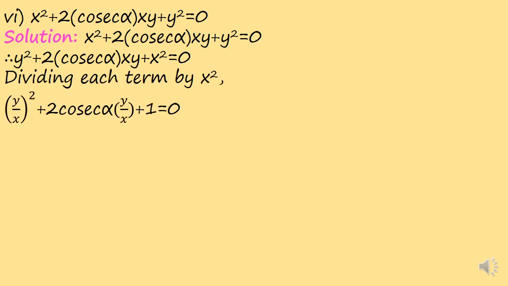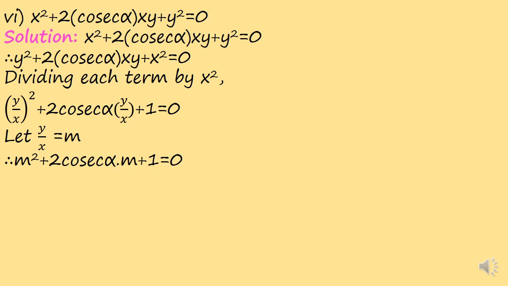That is y upon x the whole square plus 2 cosec alpha into y upon x plus 1 is equal to 0. Let y upon x be m, so that it becomes easier to solve. So we get m square plus 2 cosec alpha m plus 1 is equal to 0, which is a quadratic equation in m. However, we cannot split the middle term over here and solve it.